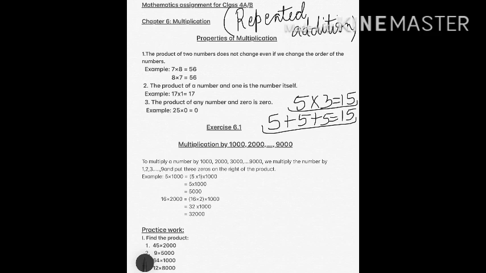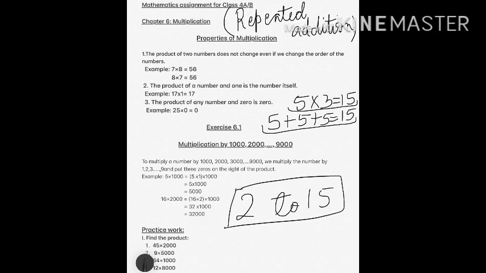Okay, so before doing this chapter, students, you should revise the tables thoroughly. For doing any calculation, you require tables up to 9. From 2 to 9, the table should be thoroughly learned. And the other tables, up to 15, you have to learn from 2 to 15 for your mental maths.